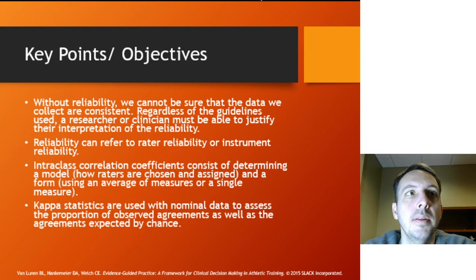So for our key points and objectives, we need to start by understanding the role of reliability and how we have to have reliable instrumentation and procedures in order to describe differences according to the construct of interest as opposed to just normal variability within the instrumentation or within the procedure.